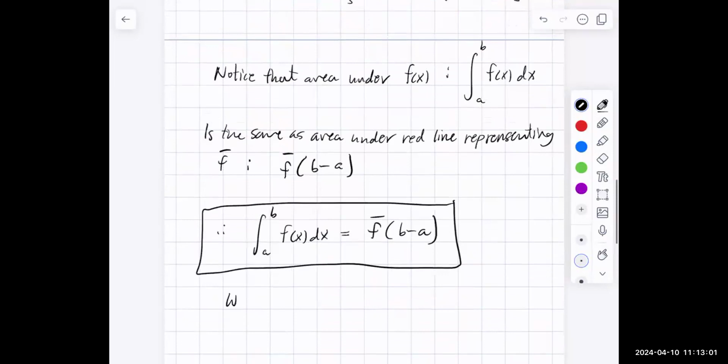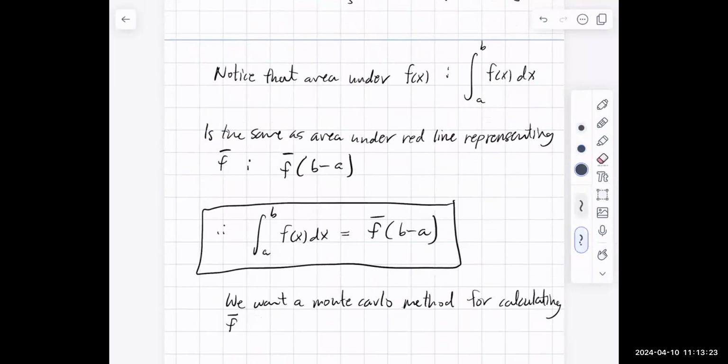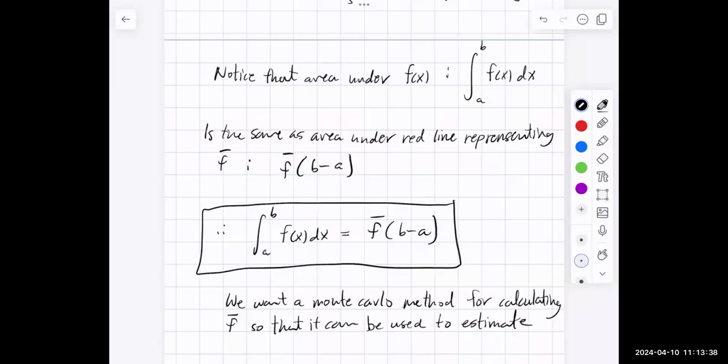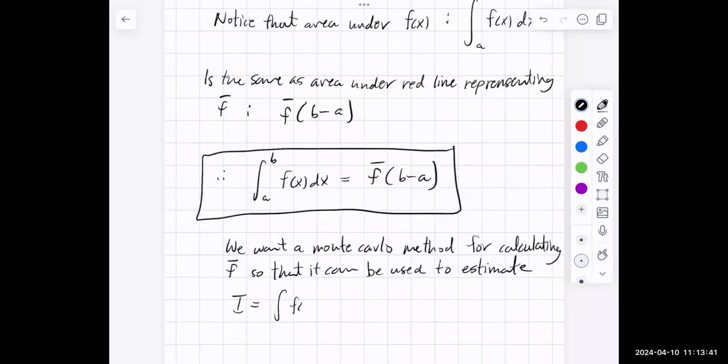Okay, so we want a Monte Carlo method for calculating f bar so that it can be used to estimate the integral I, which is f of x dx from a to b.